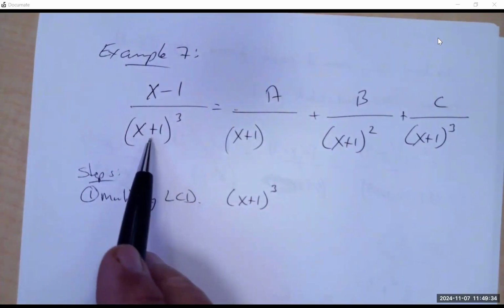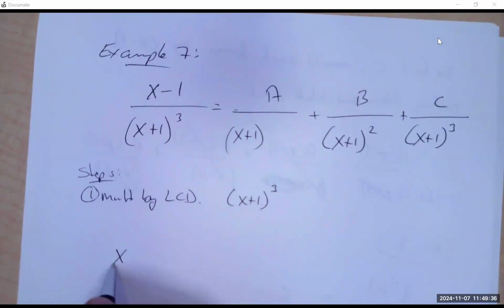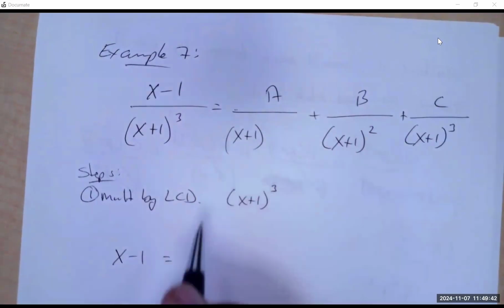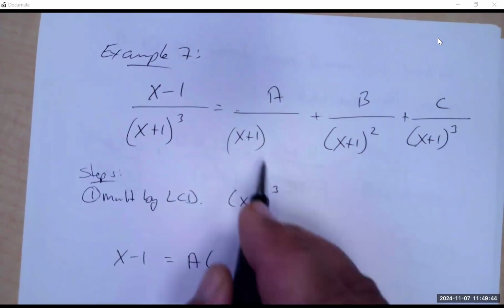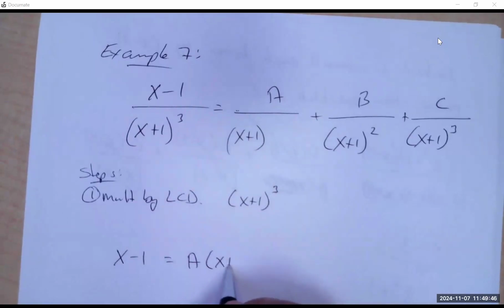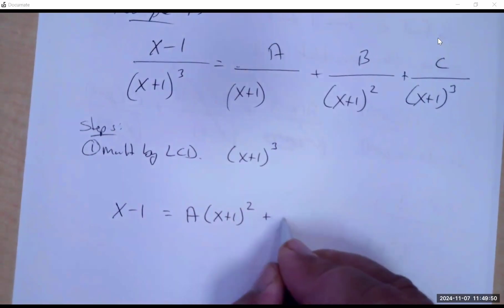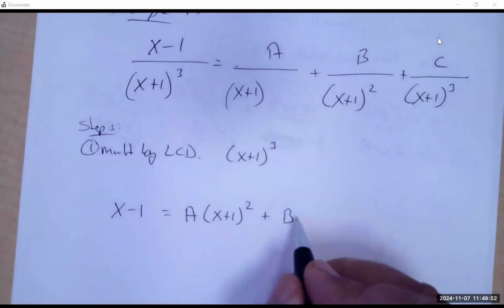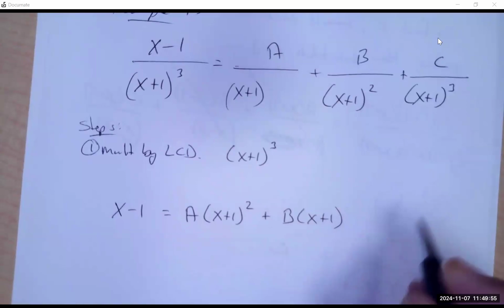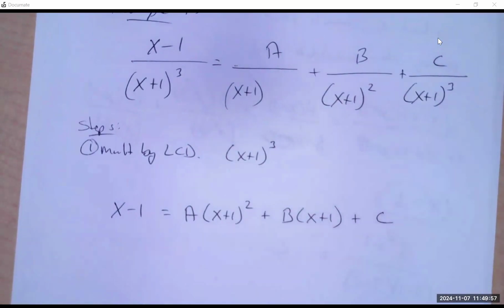What happens to the first term? It simply becomes x minus 1. On the second one, we have only one of the x plus 1s cancel, so it's x plus 1 squared. Two of the x plus 1s, so we have x plus 1. And the last one, all of them cancel.